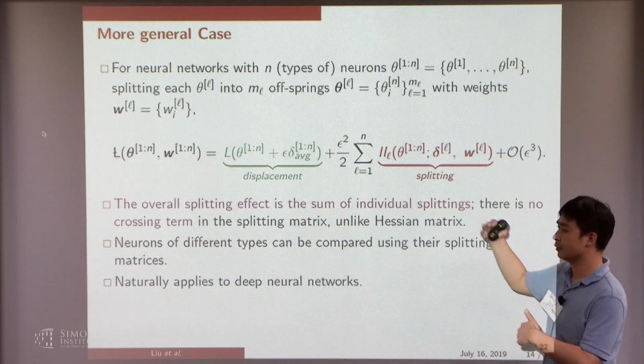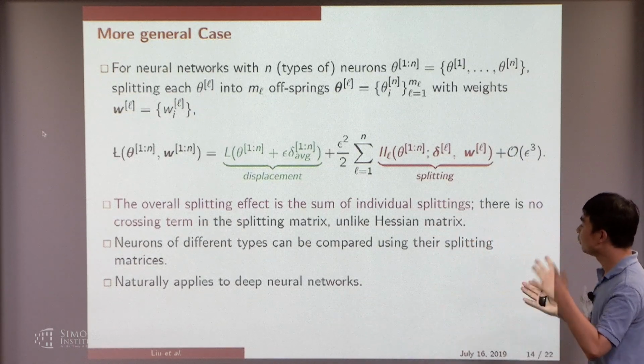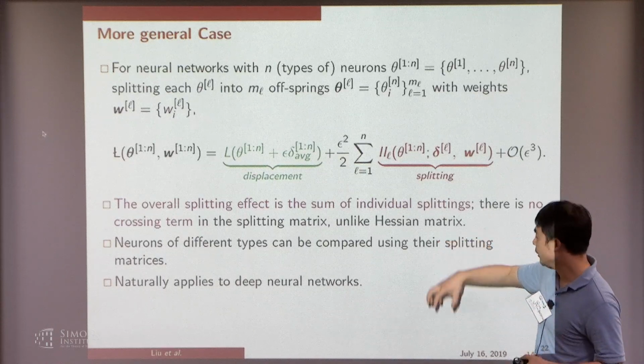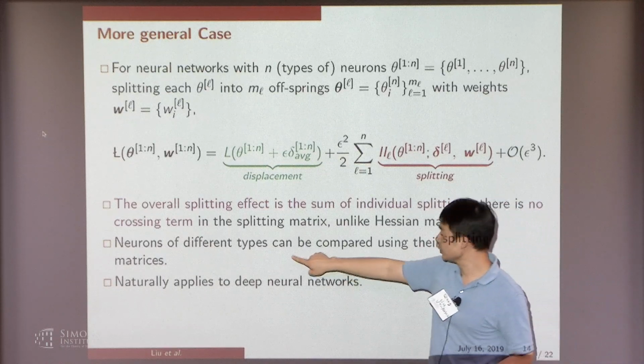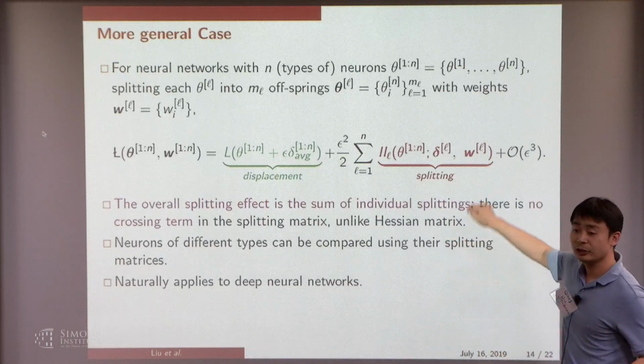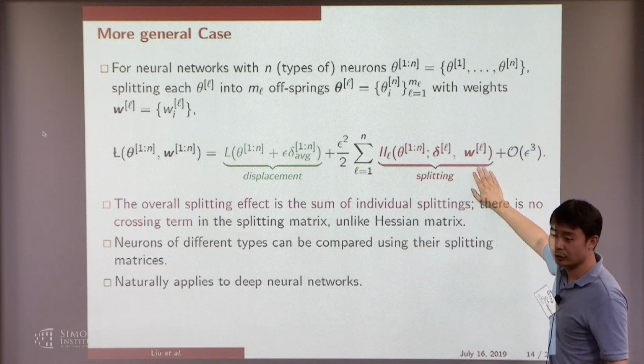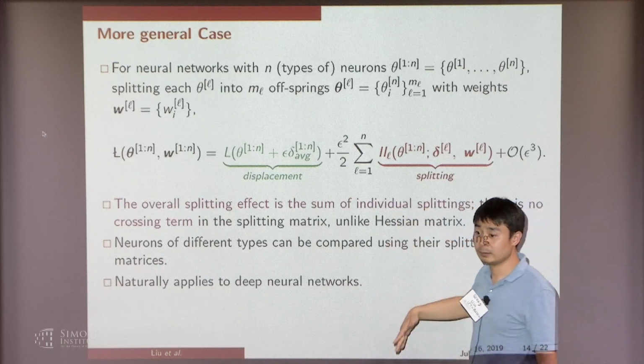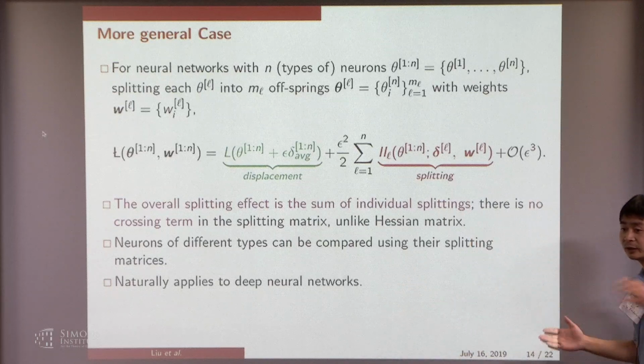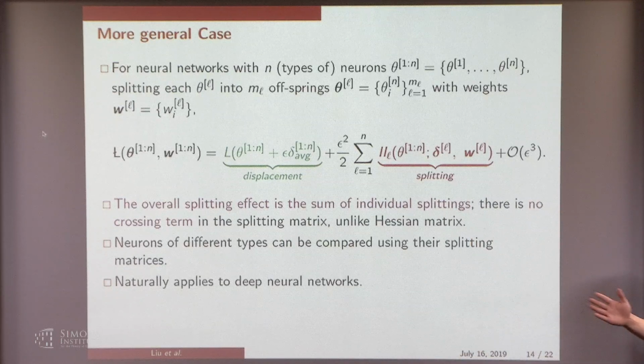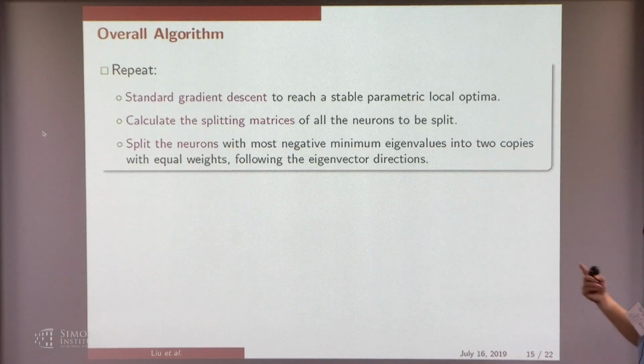Let's say I have 3 layers; for the neurons of each layer, I calculate the individual splitting matrix, the eigendirections and eigenvalues, and then I can compare them directly. This allows us to jointly decide the number of neurons in each layer. So this is the overall algorithm.